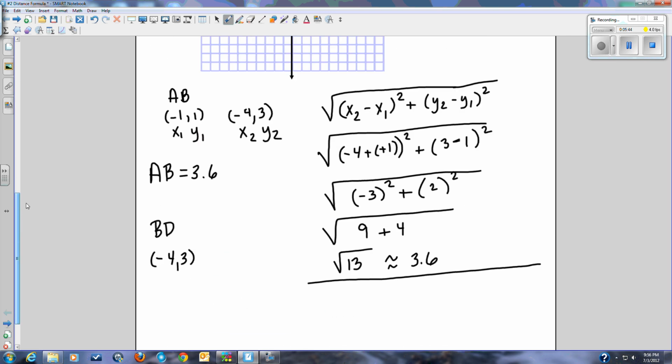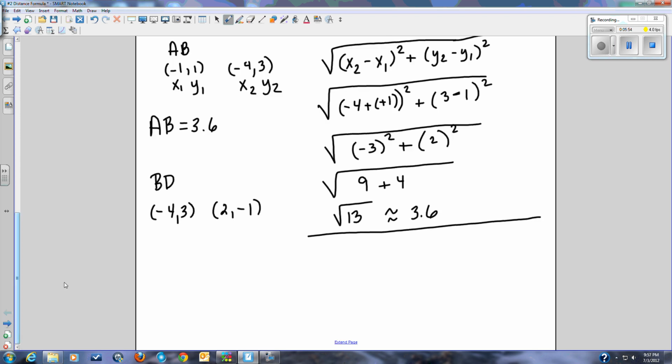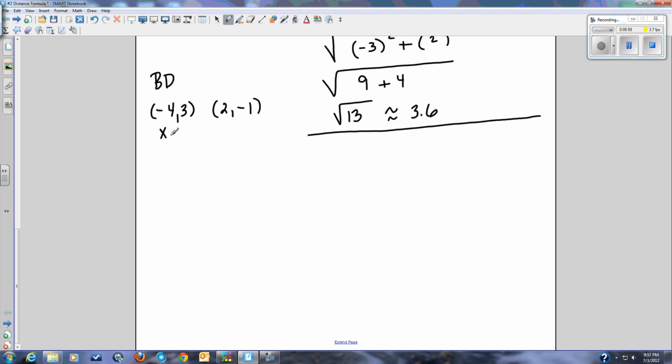D is 2, -1. So again, we're going to use the same formula. We're going to label our points x1, y1, and x2, y2. And we'll use our distance formula.